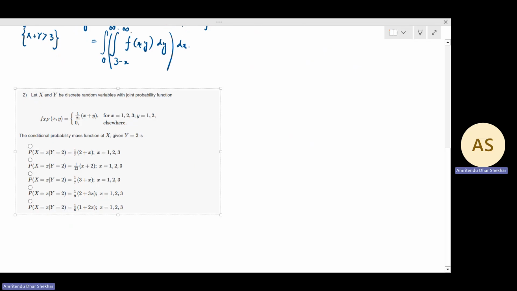And here, of course, we are asked to compute a conditional probability mass function.